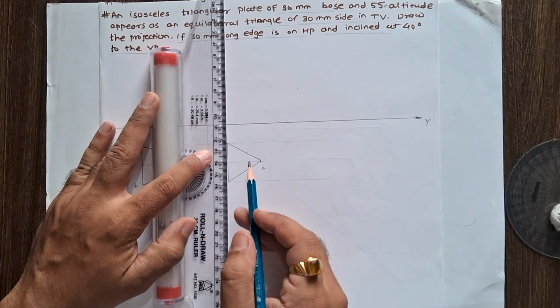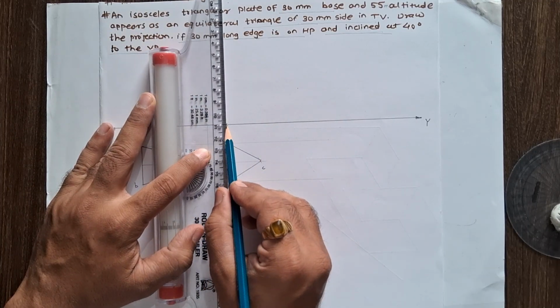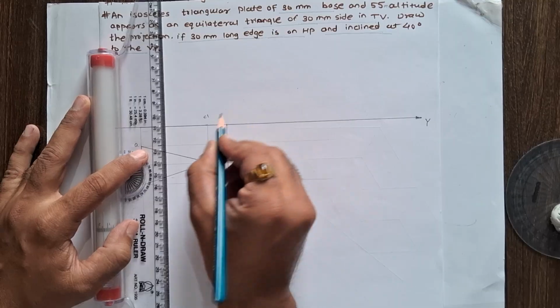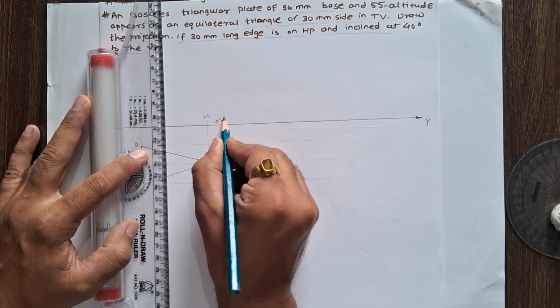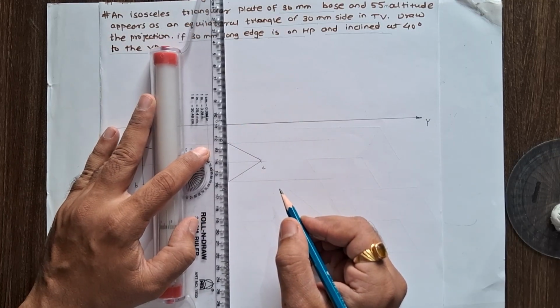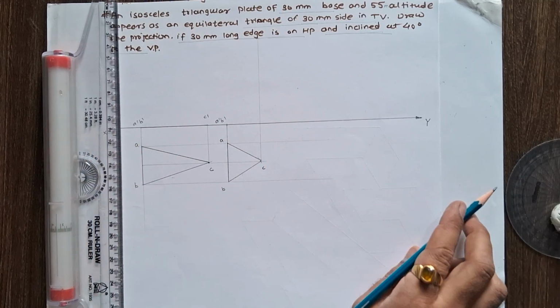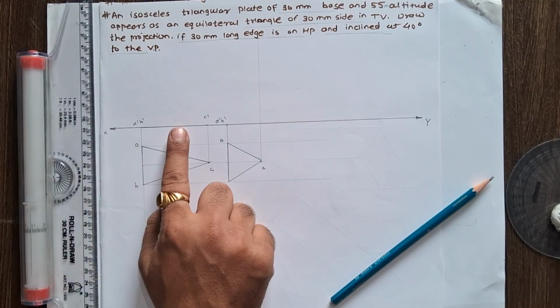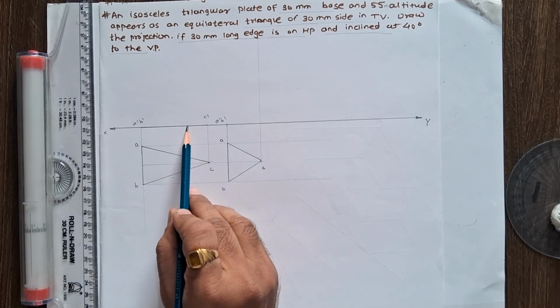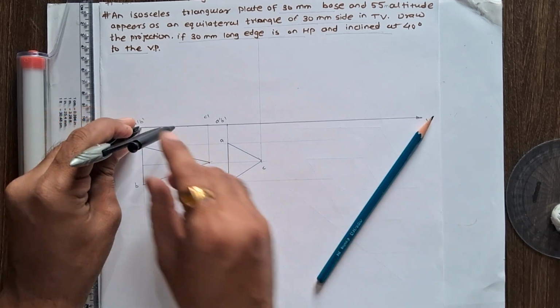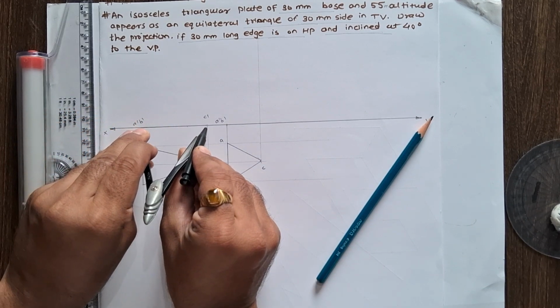Now from second stage top view, find the theta plane angle. For that, project AB on XY. So this is the position of A dash, B dash. Now take a vertical projection of C above the XY, and from stage 1 front view, measure the plane distance.